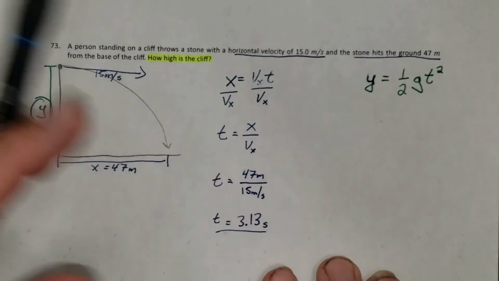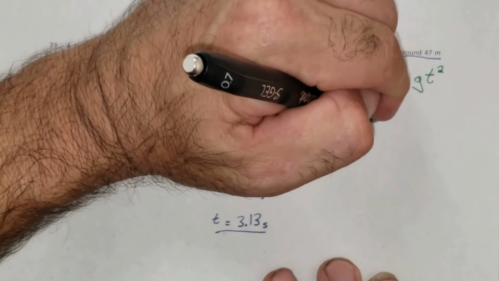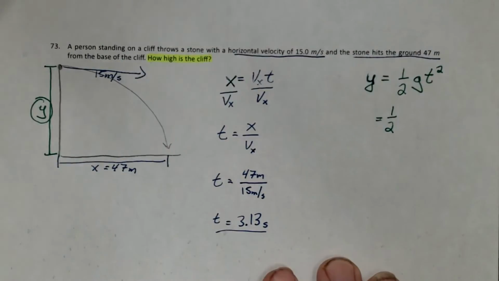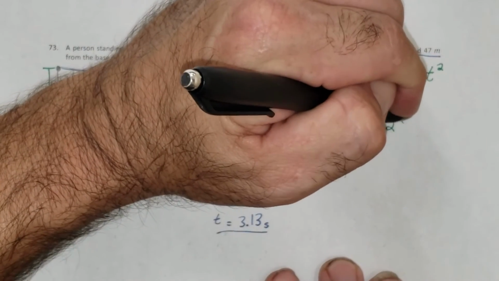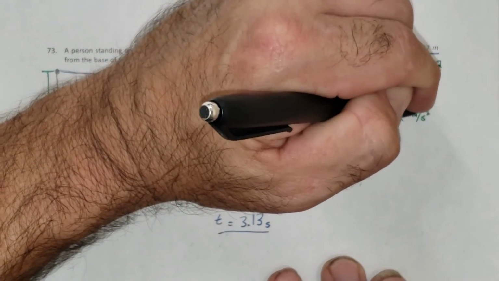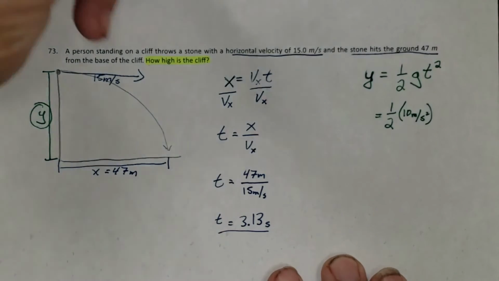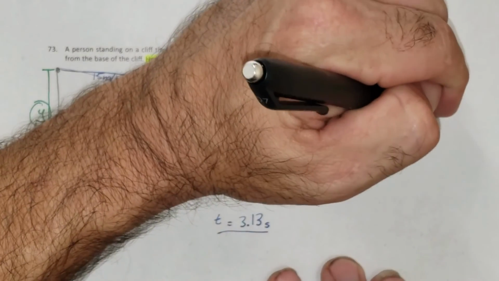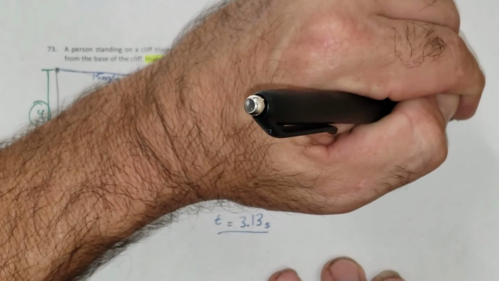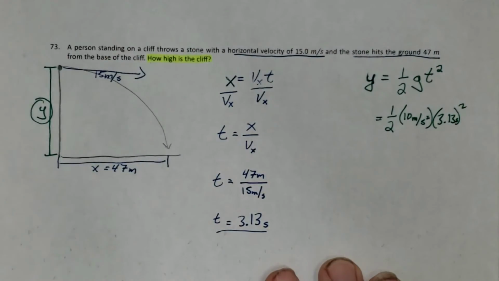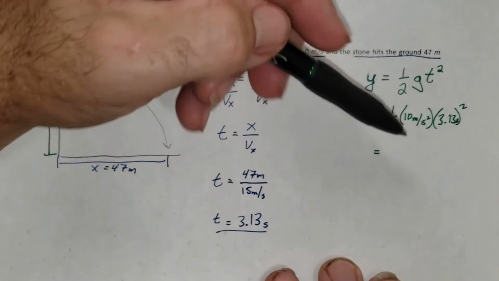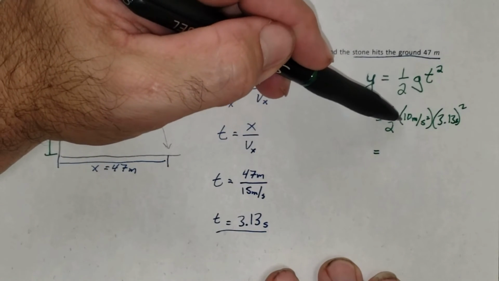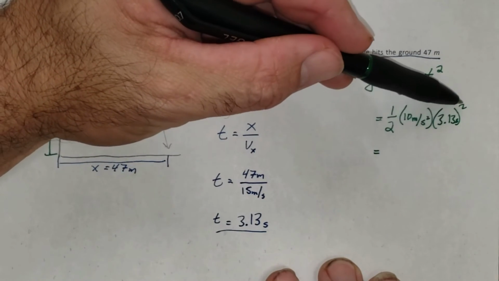Now, when we go over here, we have 1/2. We know gravity is going to be 10 meters per second squared. That is a known value. And then t is here. So we just substitute in 3.13 seconds squared. Now when we multiply this all out, 1/2 times 10 times 3.13 squared.